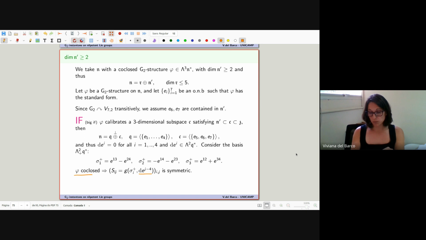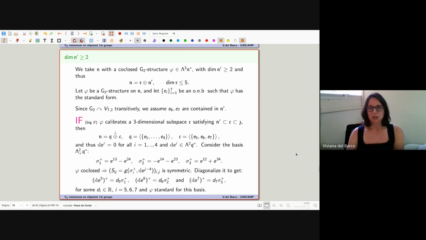What we did to manage the G2 instanton condition is, since you have a symmetric matrix, you diagonalize this 3 by 3 matrix by an element in SO(3).